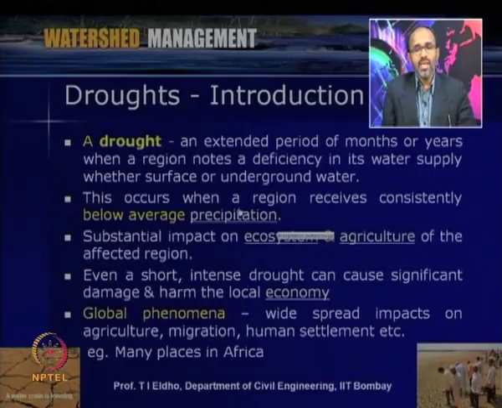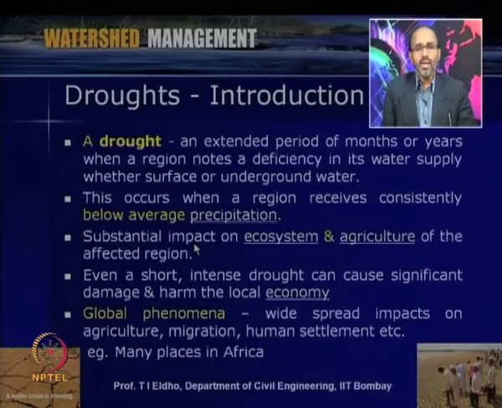So, when rain does not take place at a normal or average level for a few seasons or a few years, we can say that the watershed is drought-affected.